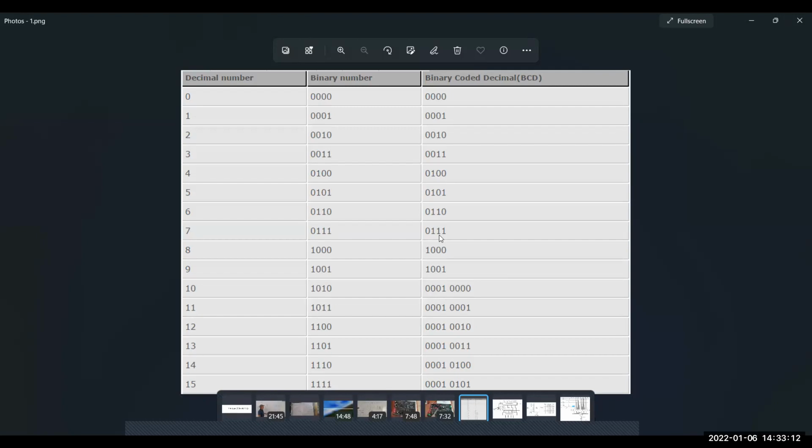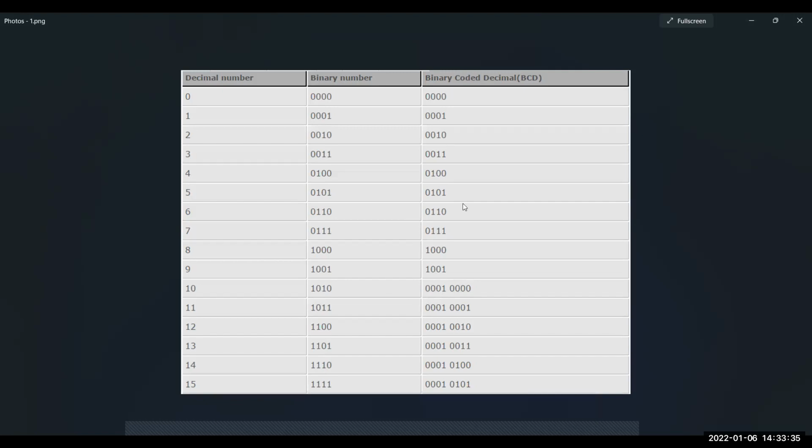But whenever we come to the decimal number 10, for binary it is 1010, following the 8421 rule, so 8 plus 2. But for BCD, it is not following the 8421 rule.